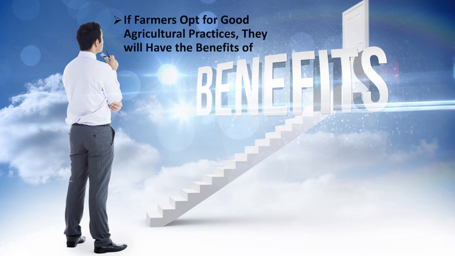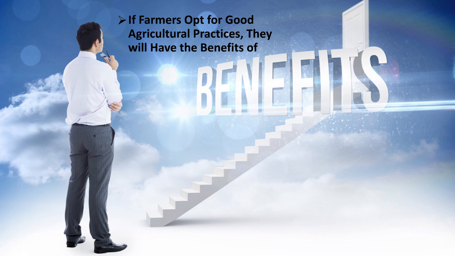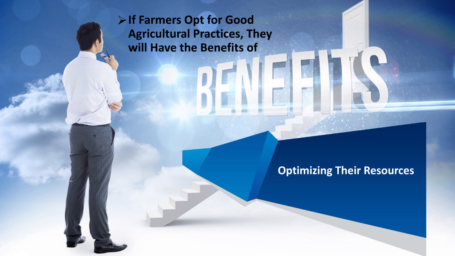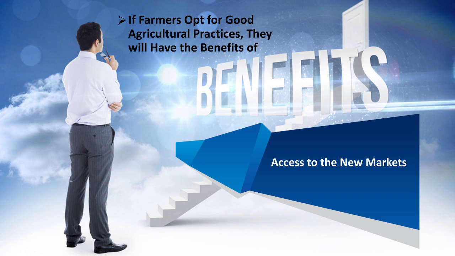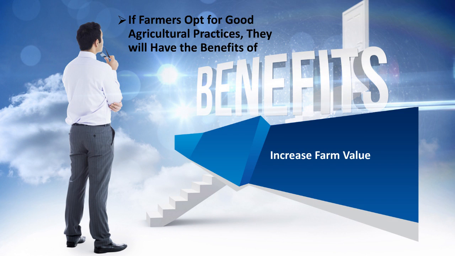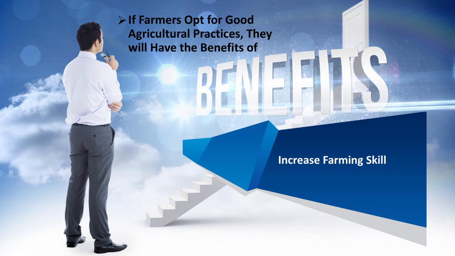If farmers in the region opt for hygiene and food safety in their production system through good agricultural practices, they will have the benefit of optimizing their resources, production quality, and produce, and will enjoy access to new markets, thereby increasing farm value and farmers' skills in farming operations.